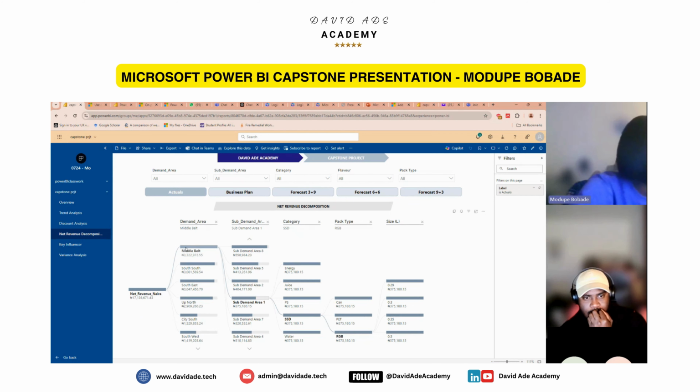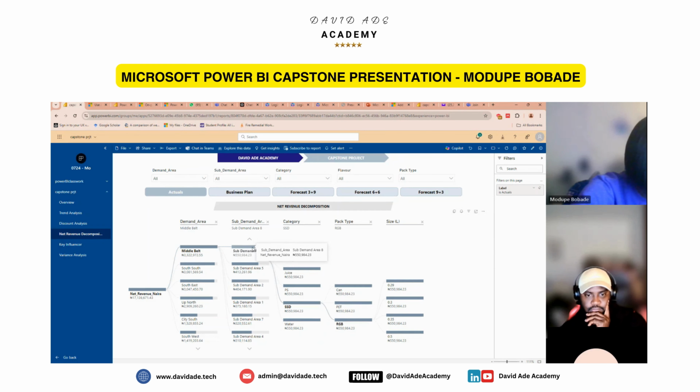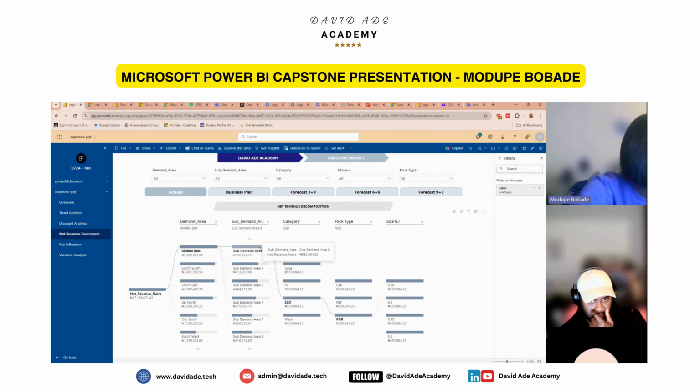We could see that the highest generating demand area is the middle belt, and this could further be broken down into sub-demand areas. From this, we could see that the highest sub-demand area is area 8, so I'm going to click on area 8.